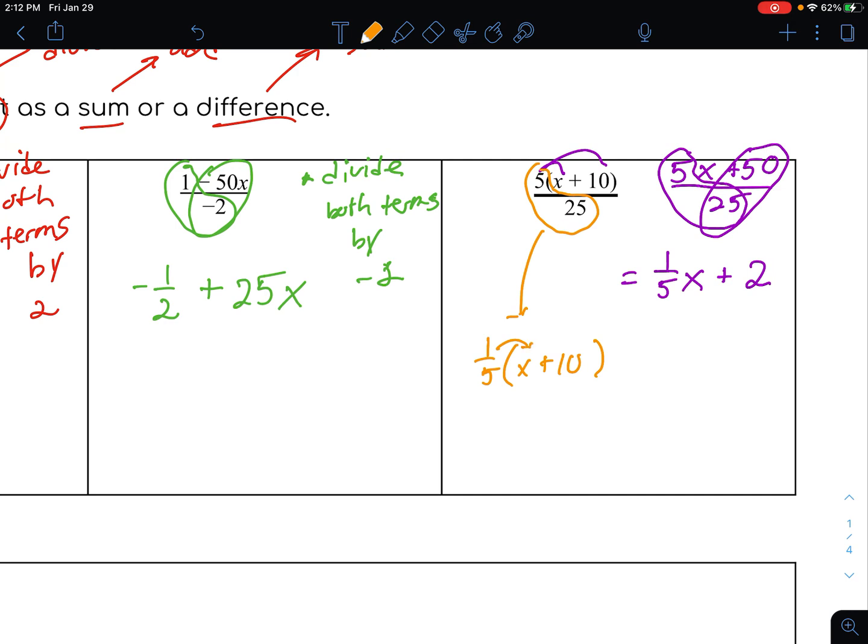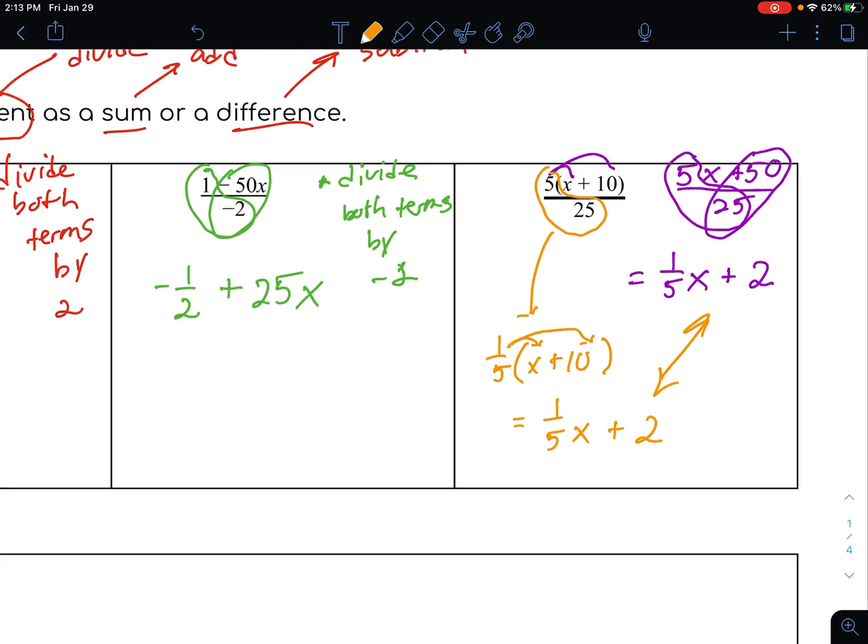And then we could do the distributive property, multiply 1/5 times x, which is 1/5 x, and 1/5 times 10, 1/5 of 10 is 2. So notice that we get the same sum right here and here. We rearranged the steps, doing the distributive property first versus doing the distributive property second.